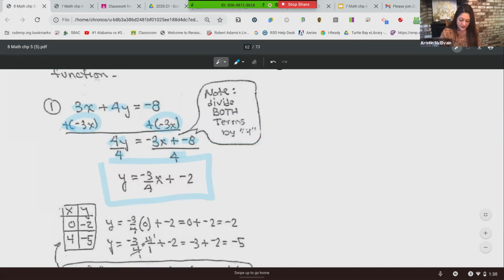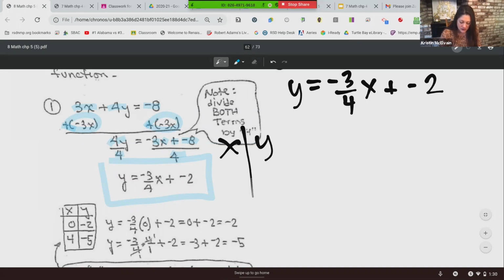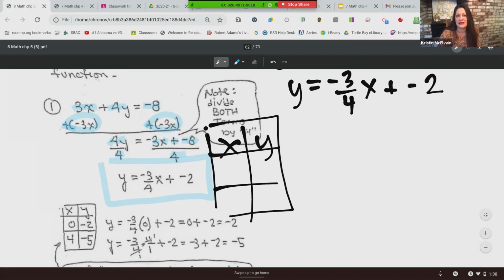All right, so I'm going to start with this. So we have y equals -3/4 x plus -2. For my xy table, we're going to plug in inputs and then get an output. So first one we already talked about, we said we're going to put in a 0. So then we just plug in 0 for x.